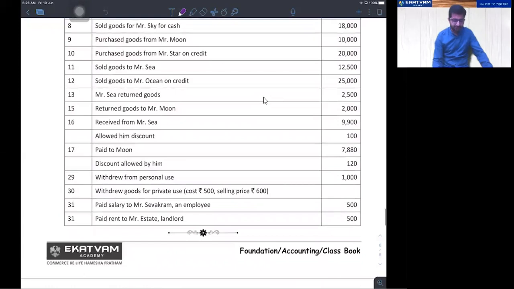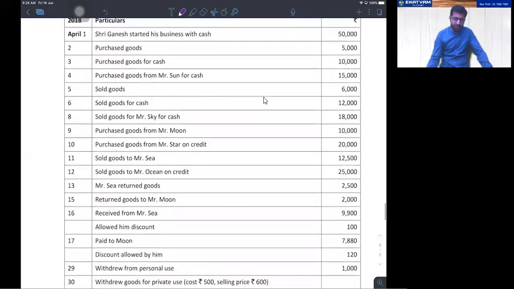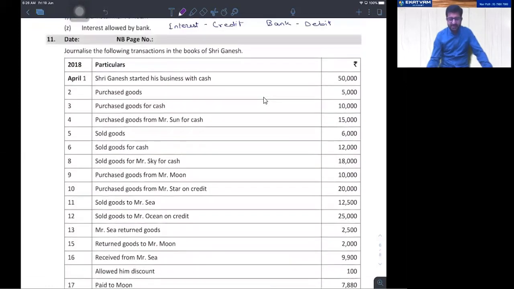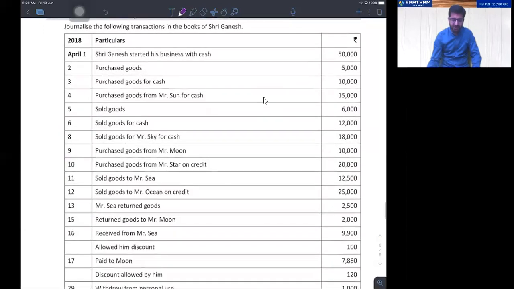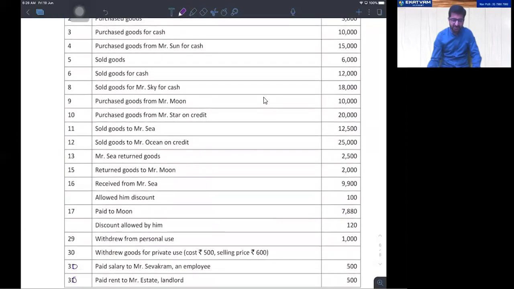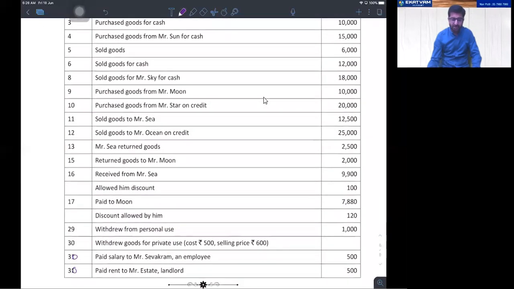Transactions are what? Sri Ganesh started his business with cash 50,000. Purchased goods 5,000, purchased goods for cash 10,000, purchased goods from Sun for cash 15,000, sold goods for cash, sold goods to Sky. Purchased goods from Moon, purchased goods from Star on credit, sold goods to Mr. C, sold goods to Mr. Ocean on credit.